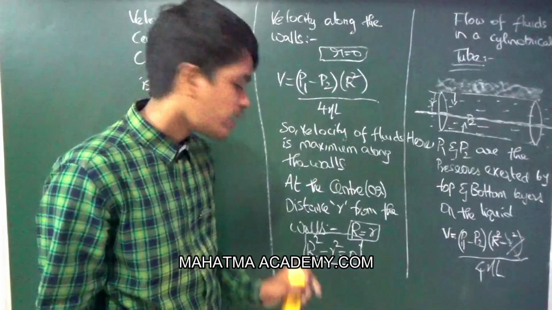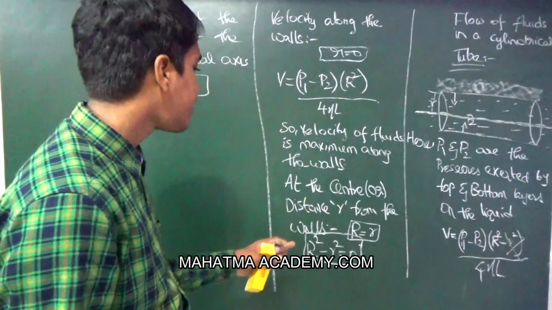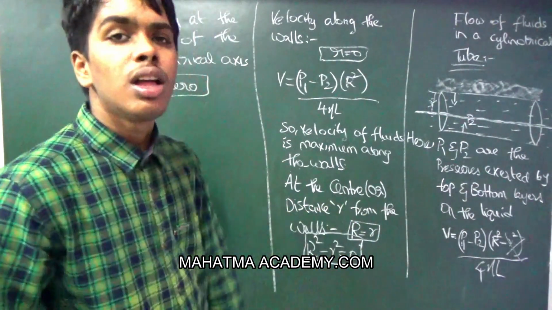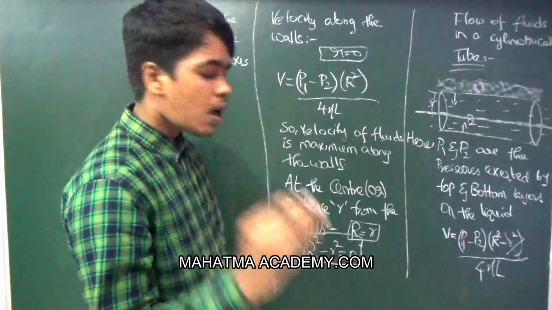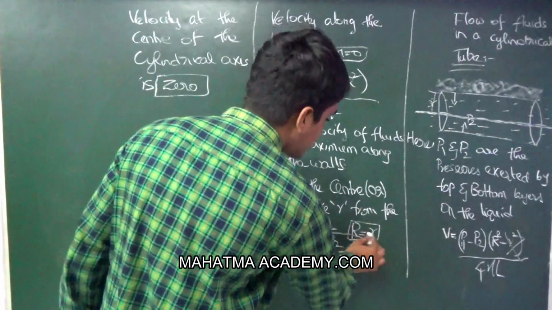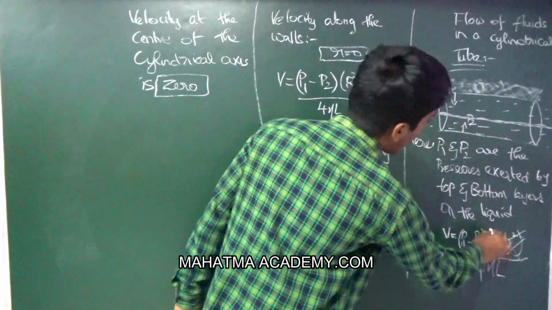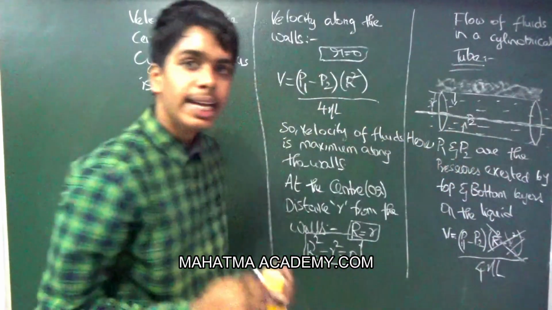Now we want to find out what the velocity is at the center, or distance r from the walls. The distance from the walls is r is equal to R, so we can neglect the R square minus r square term.